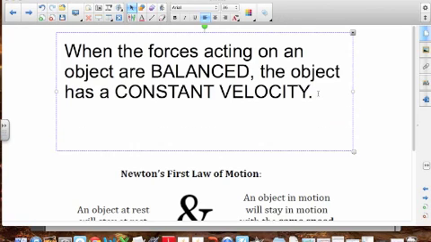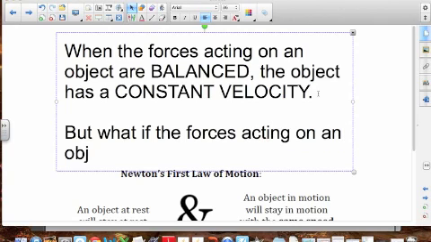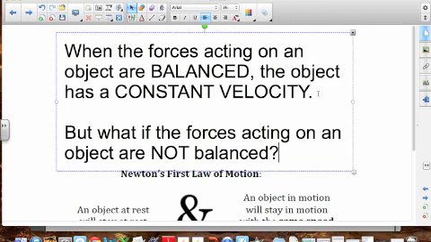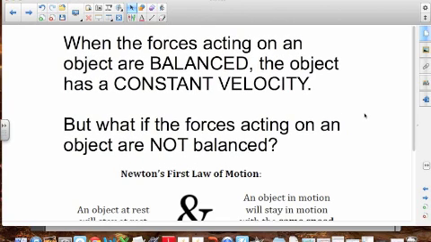But what if the forces acting on an object are not balanced? That is a curious question.